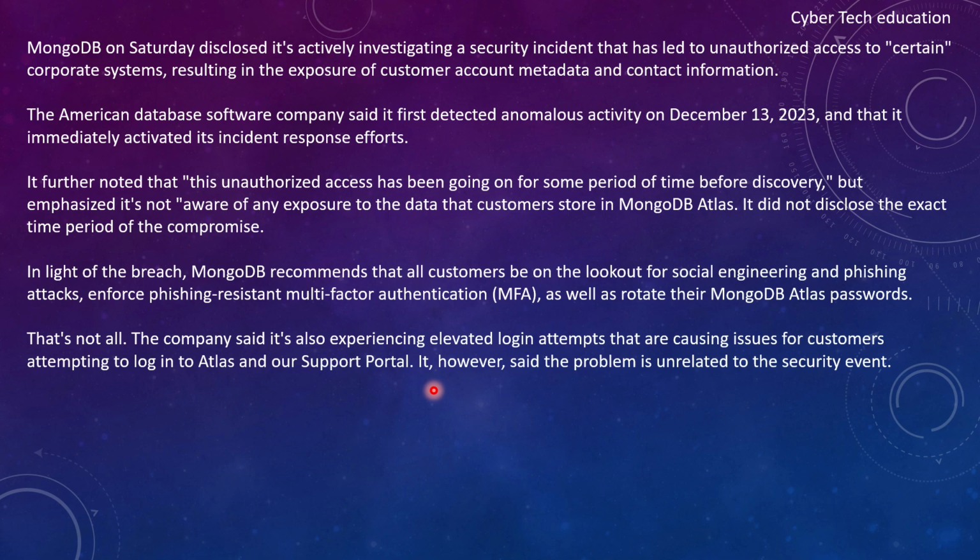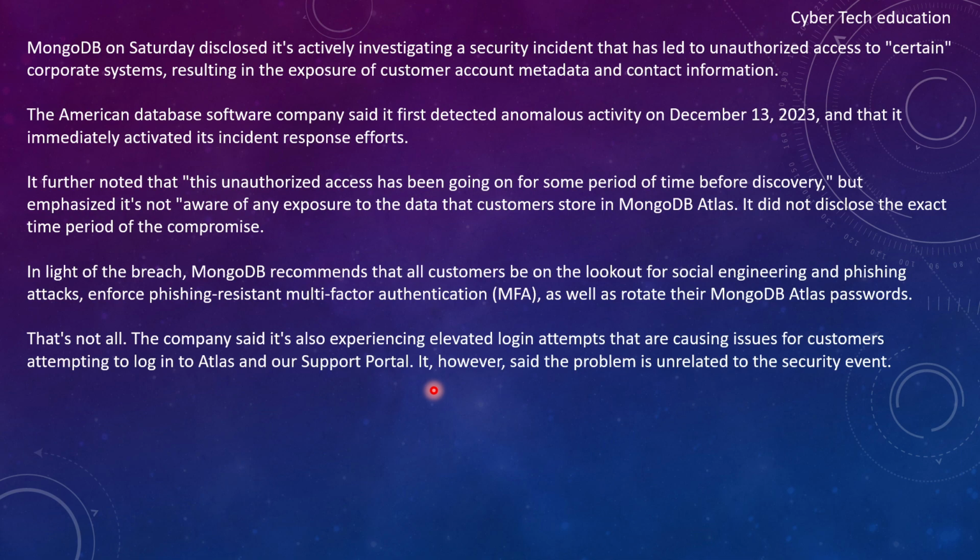The American database software company said it first detected anomalous activity on 13 December 2023 and immediately activated incident response efforts. It further noted that this unauthorized access had been going on for some period of time before discovery, but emphasized it is not aware of any exposure to the data that customers store in MongoDB Atlas.